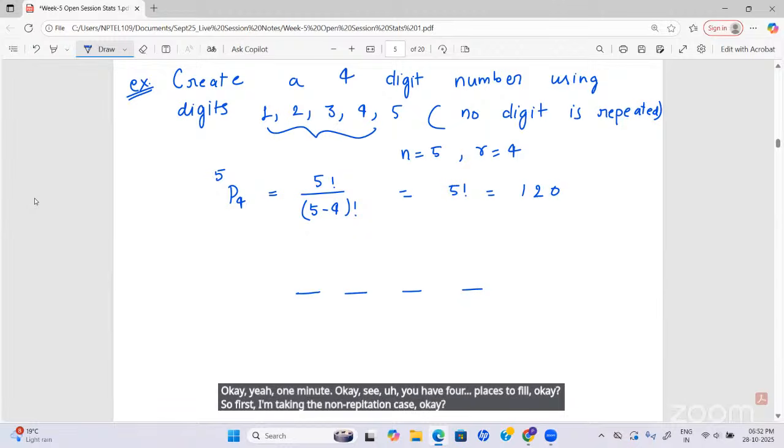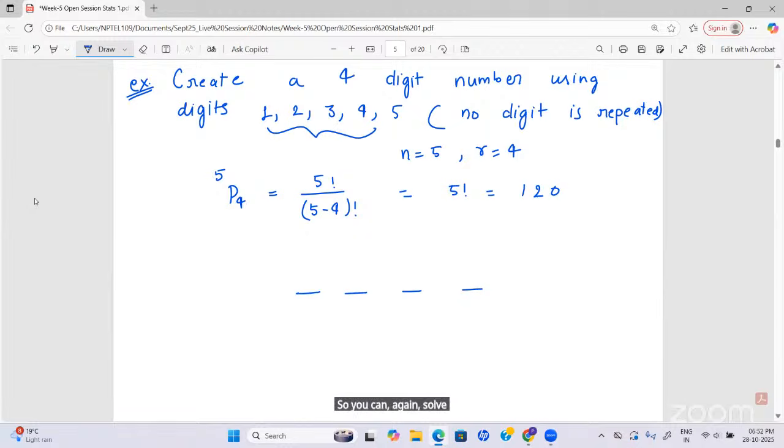You can solve this question like this: repetition is not allowed, so it will be 5 into 4 into 3 into 2. Suppose if repetition is allowed, then it will be 5 into 5 into 5 into 5. We will see this formula also. I will write the theory of this concept.